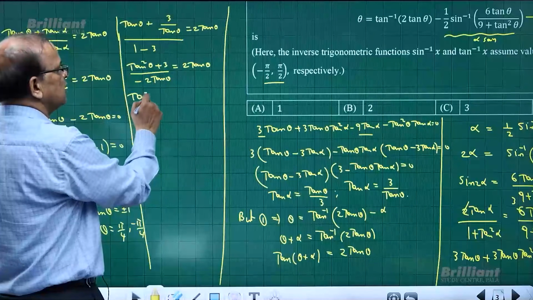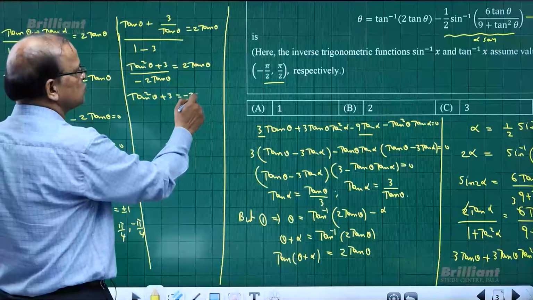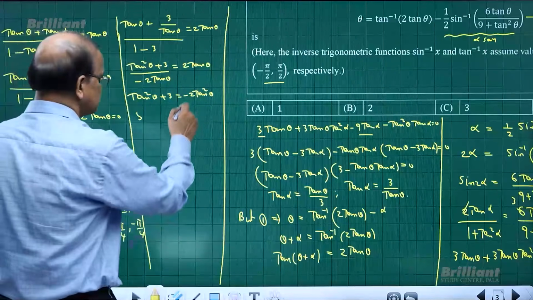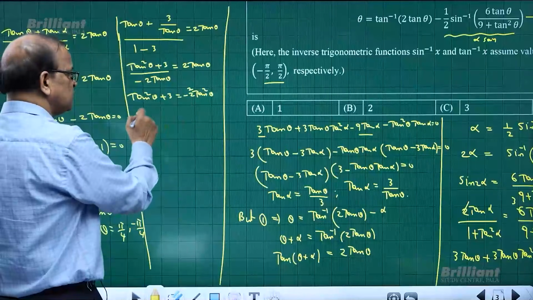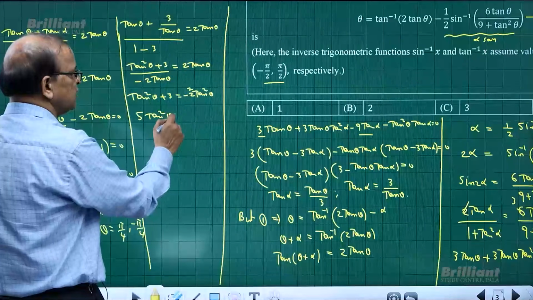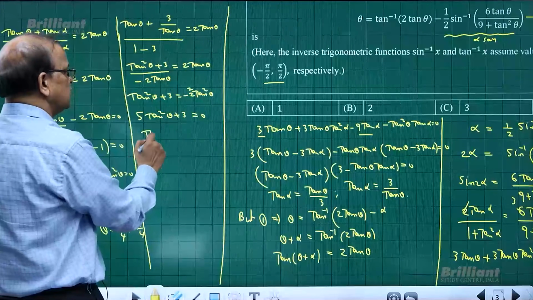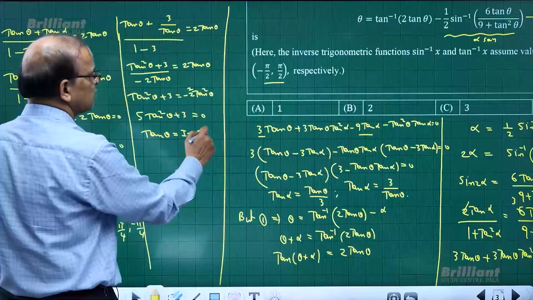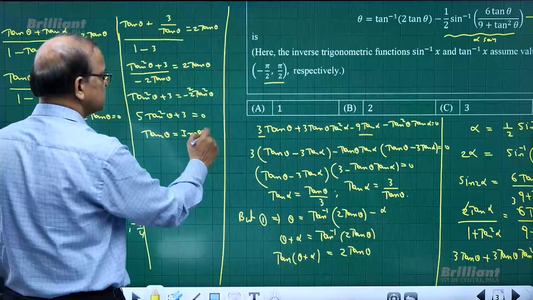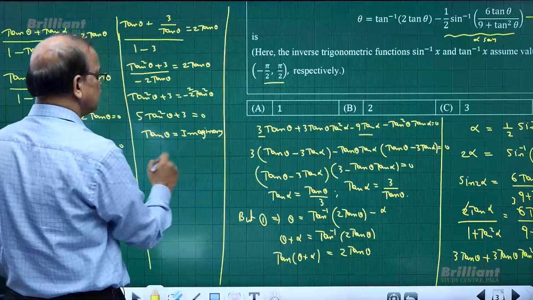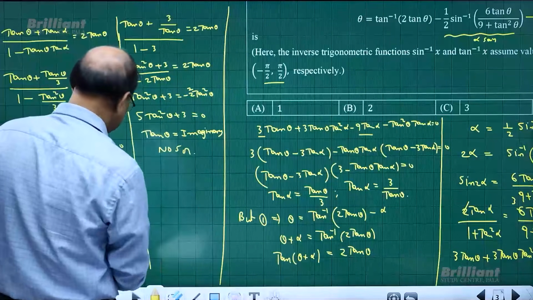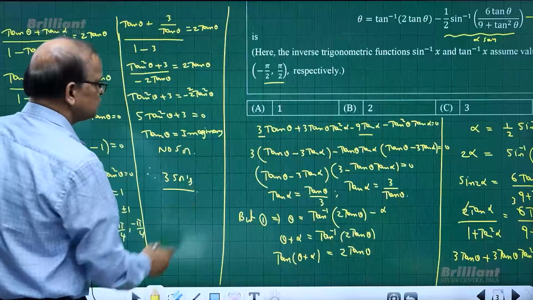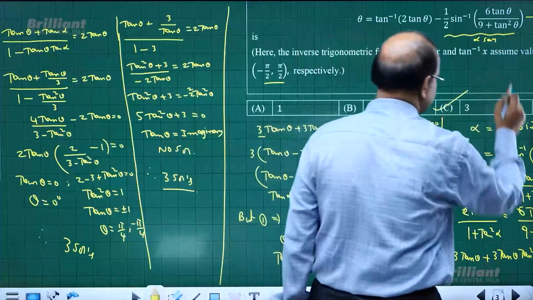So tan square theta plus 3 minus 2 tan square theta. So that is 3 plus, sorry, this is 4, 2 square, 4 plus 1, 5 tan square, imaginary. So tan theta imaginary, no solution, right? So therefore, no solution. So ultimately, 3 solutions only. So that is C, correct.